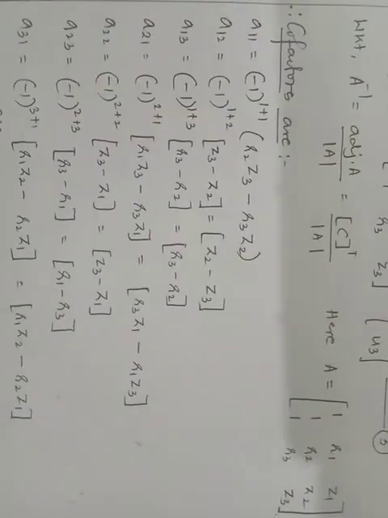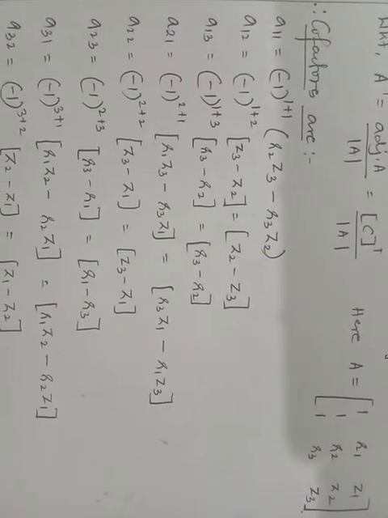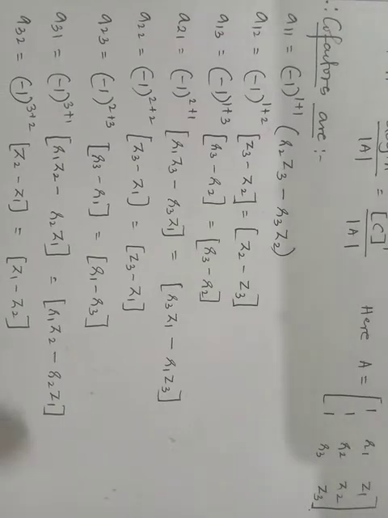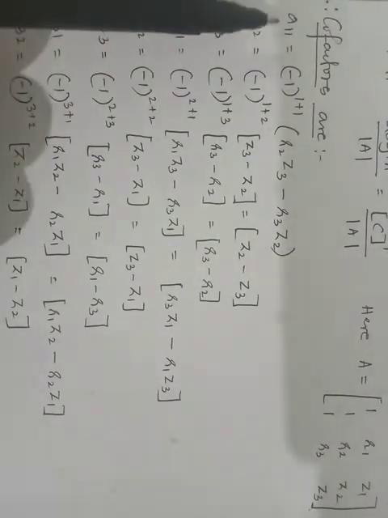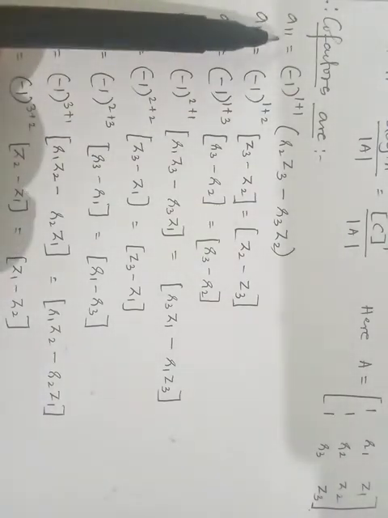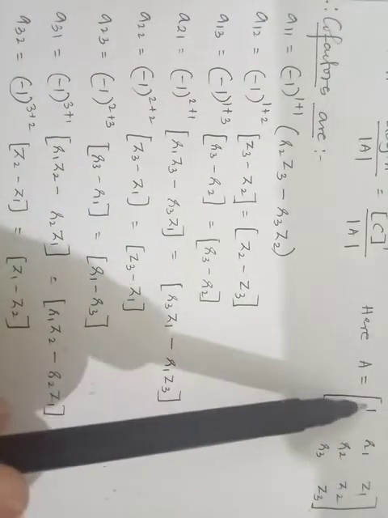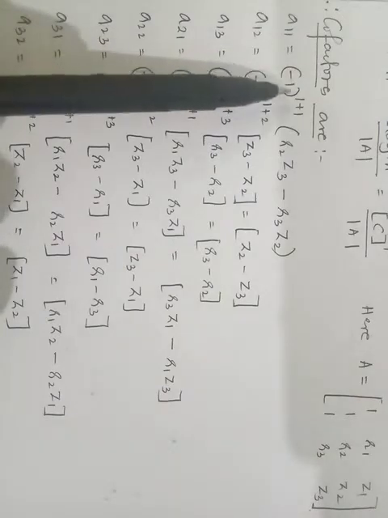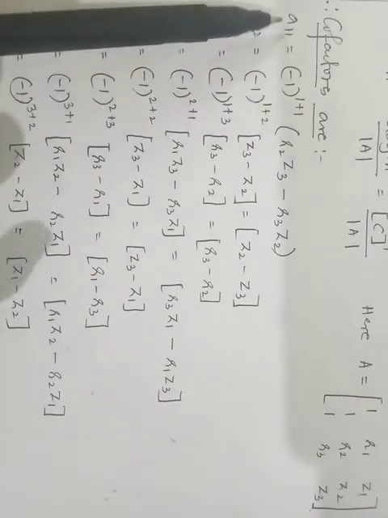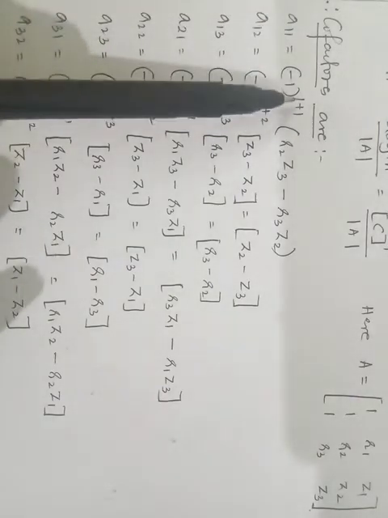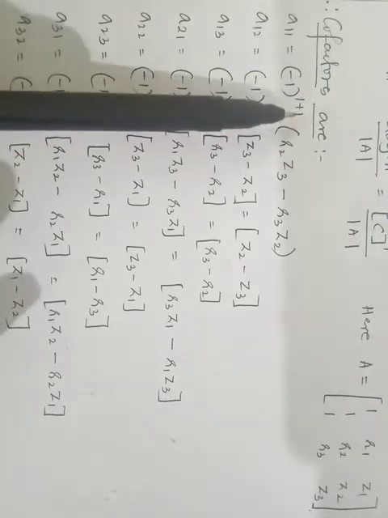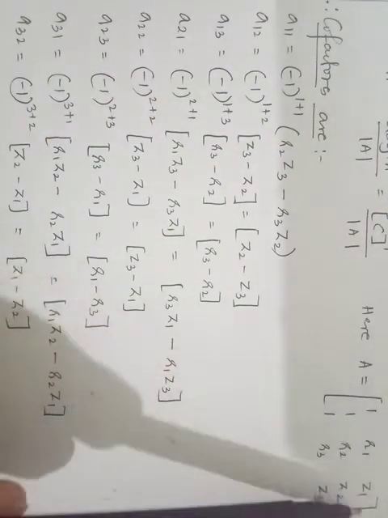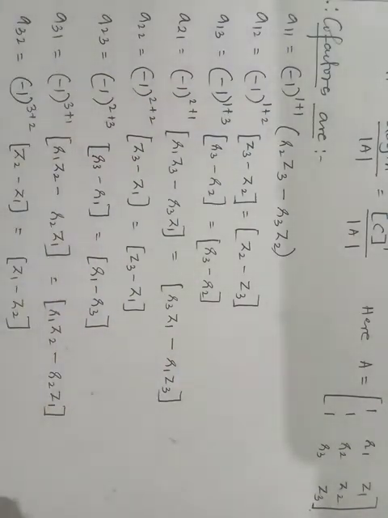Next, you are aware how to find out the cofactors, yet I'll repeat it for the first three. Suppose we are going for a11, the first element. You need to take it as minus 1 raised to 1 plus 1. Why 1 plus 1? Because you are having 1 and 1, same 1 and 1 you need to add here. So first row and first column you need to eliminate in the A matrix.